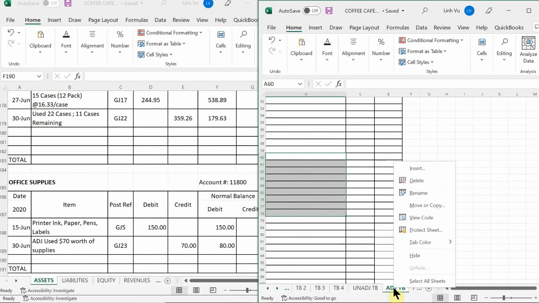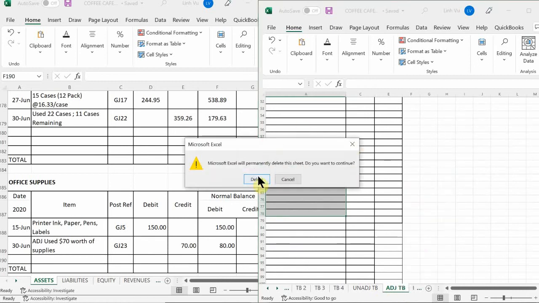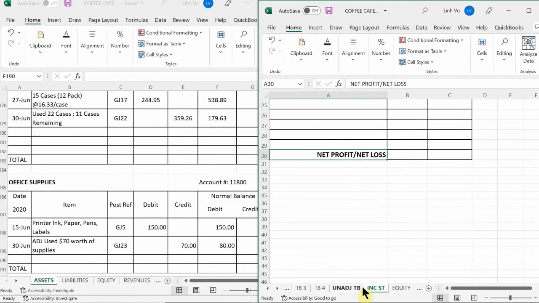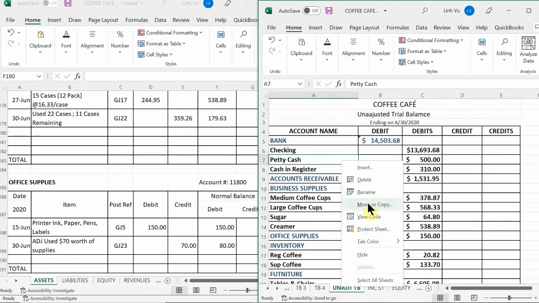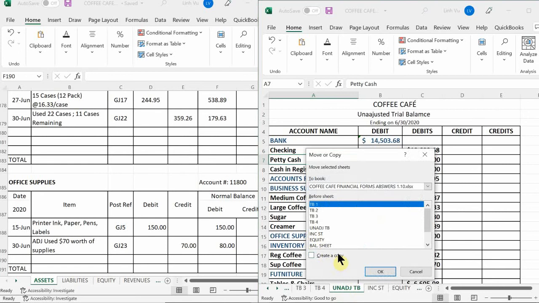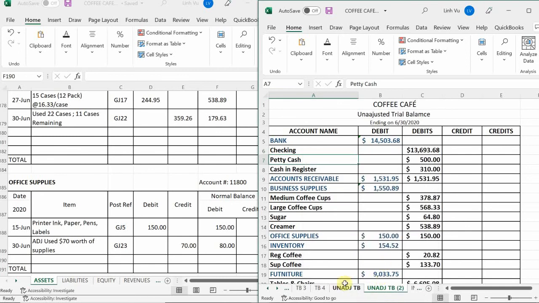So I'm going to go ahead and I'm going to delete my adjusted trial balance here. And I'm going to make a copy of my unadjusted trial balance. Okay, so move or make a copy, create a copy, and I want this to be right in front of my income statement. Okay, so there it is. I have a copy of my unadjusted trial balance right here. You have a parentheses 2.